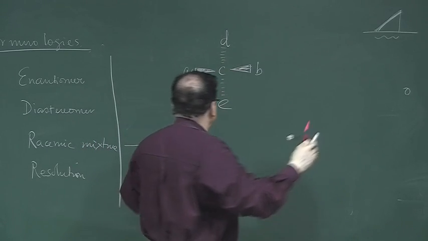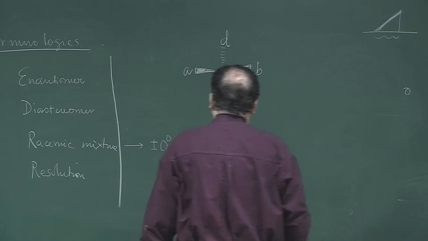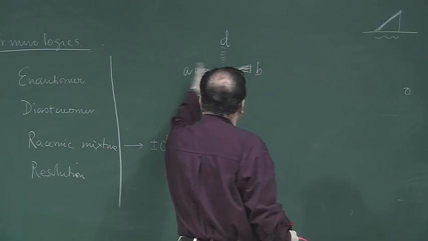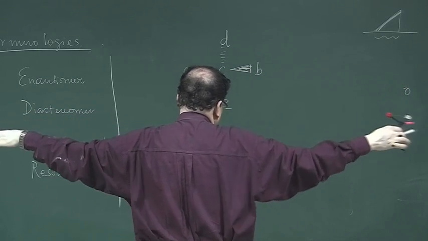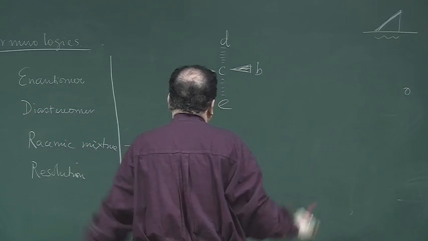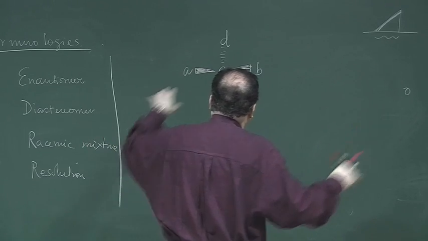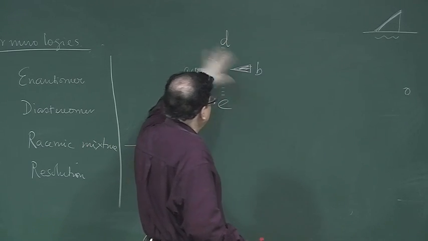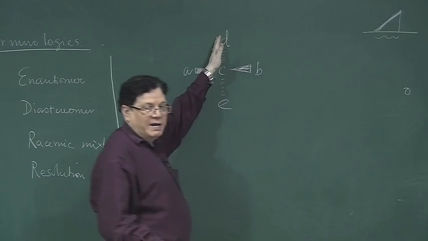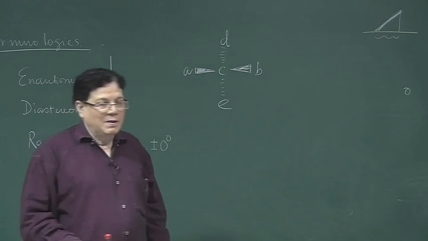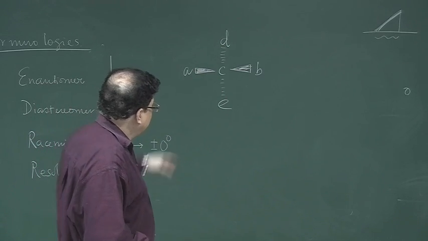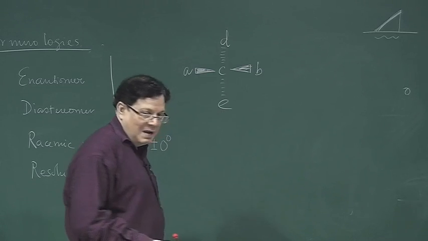So, if I am the observer, these 2 bonds are facing towards me. If I extend my hands, one is pointing to my right hand, another is pointing to my left hand, and this D group is away from me, but it is pointing towards my head, and E group is also going away from me, but it is pointing towards my leg.